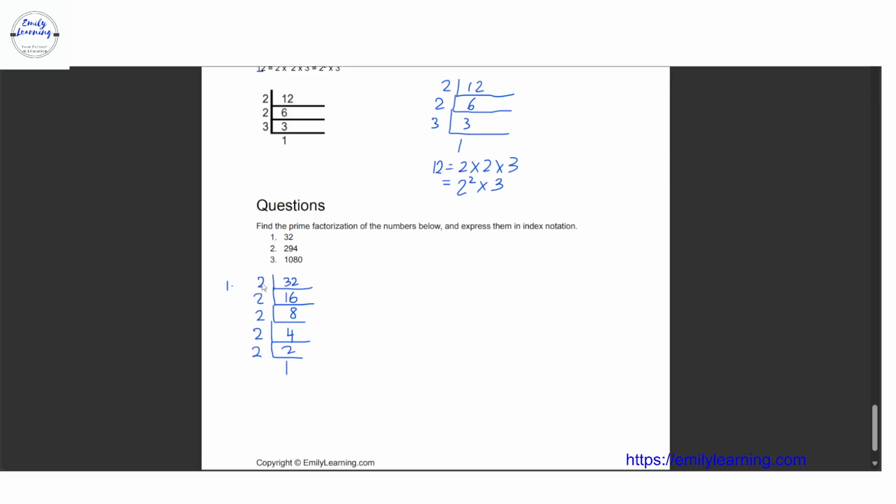Based on this, I know 32 is equal to 2 times 2 times 2 times 2 times 2. Since I'm multiplying 2 by itself 5 times, it is equal to 2 to the power of 5. So that is the answer for question 1.